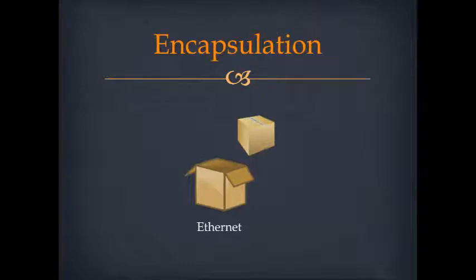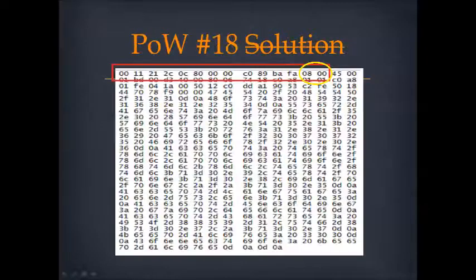But if we go back to our box, we know it's got something in it, but what is it? How do we tell the computer what's actually inside this box? And the answer is right there in the Ethernet header. That last field, 0800, tells us what's inside.